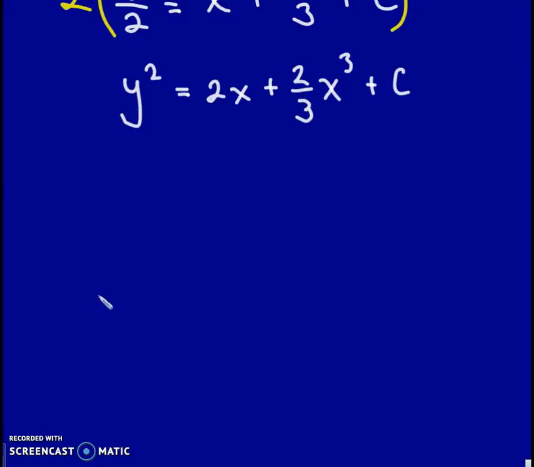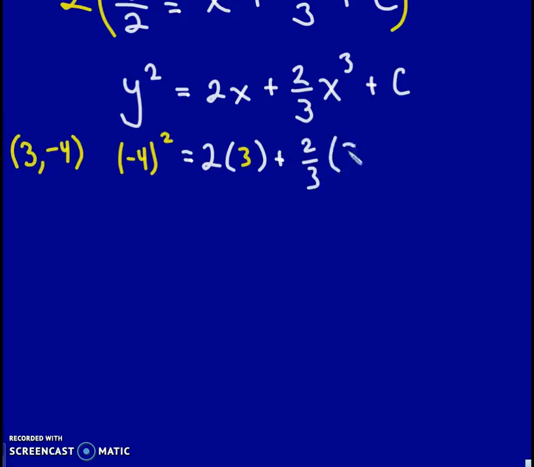The point was 3 comma negative 4, so we plug in negative 4 for y and 3 for x, and work that out to find your value for c.